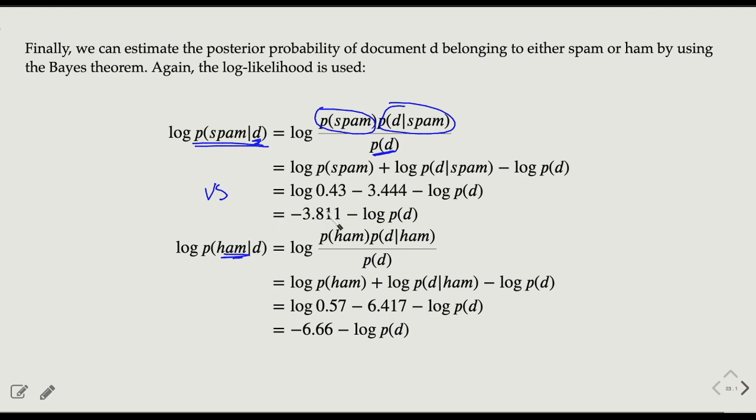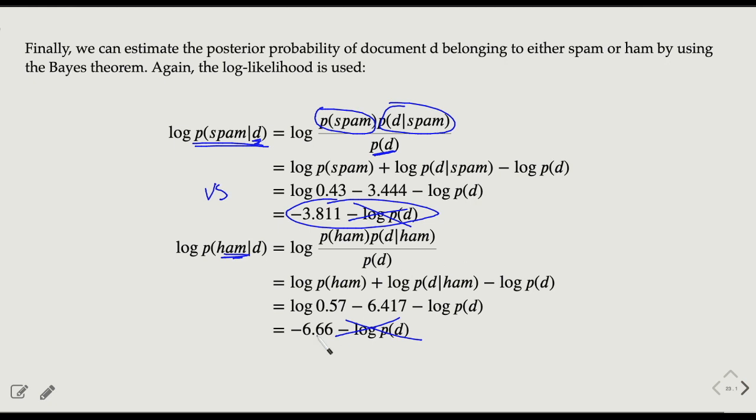And so in the end, we'll find out that the probability for this document to be a spam is about minus 3.8 minus log P of D, versus the likelihood for it to be a ham is about minus 6.6 minus log P of D. And so this minus log P of D appears in both results, so it doesn't really matter when we compare them, right?